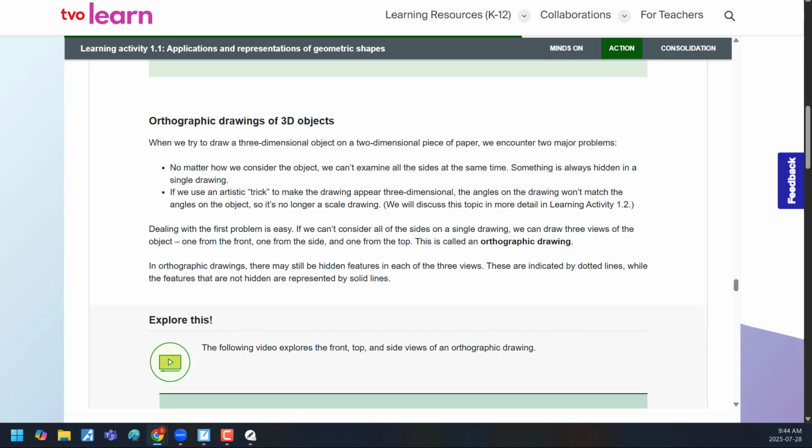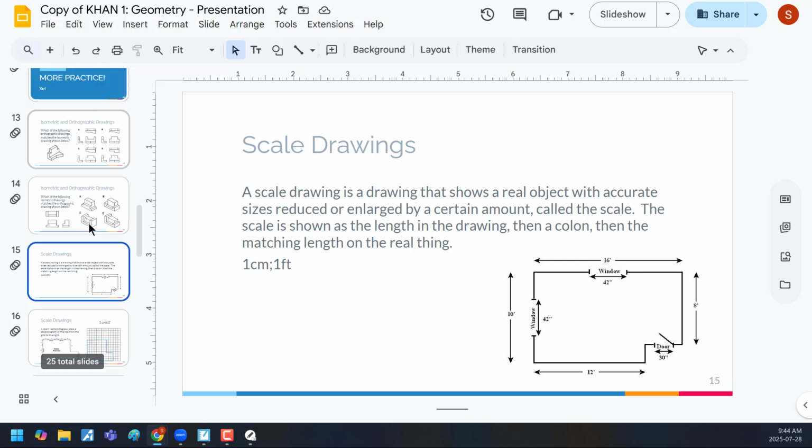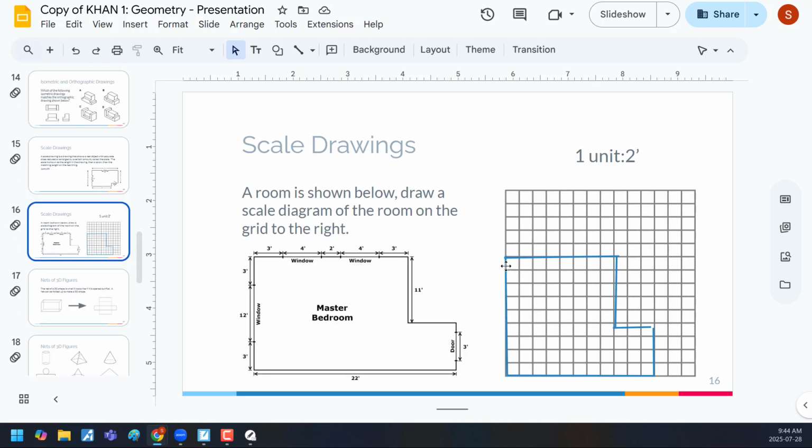So let's go back to my thing here. So here we have scale drawings, and here's an example of a scale drawing. They said we have a room that's here, and we want to do 1 to 2. I think that's what they want. So what does 1 to 2 mean?